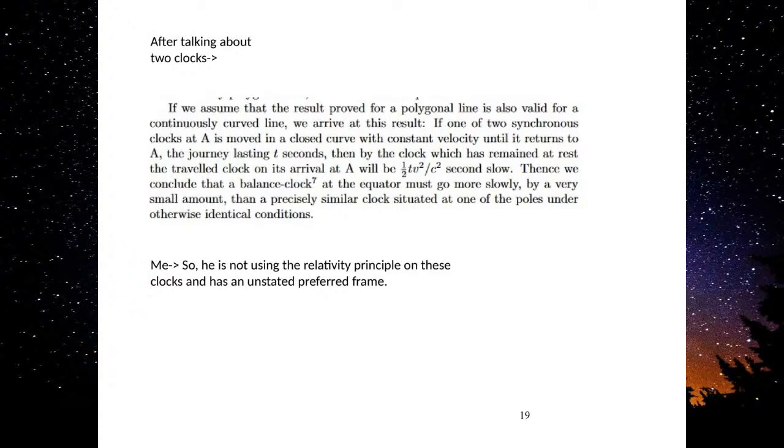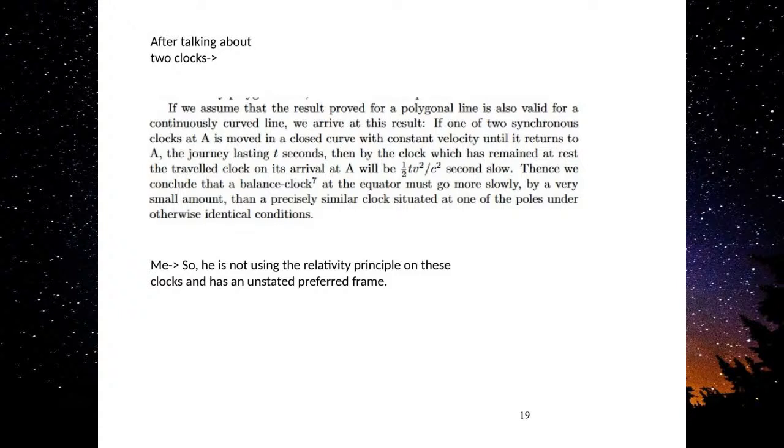If we assume that the result proved for a polygonal line is also valid for a continuous curved line, we arrive at this result. If one of two synchronous clocks at A is moved in a closed curve with constant velocity until it returns to A, the journey lasting t seconds, then by the clock which has remained at rest, the travel clock on its arrival at A will be that equation so many seconds slow.